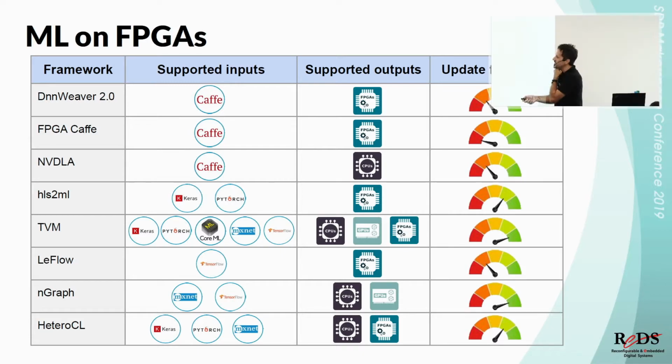So here is, once again, an incomplete list of the available technologies that can help you in the process. They support a different set of input and output formats, and exactly as for the design frameworks, they are super quickly evolving. So this was true a few days ago.